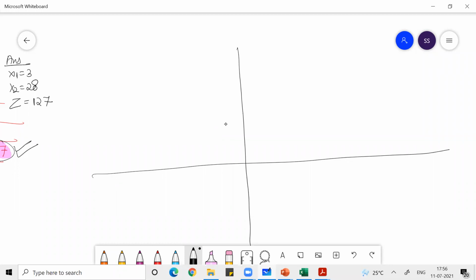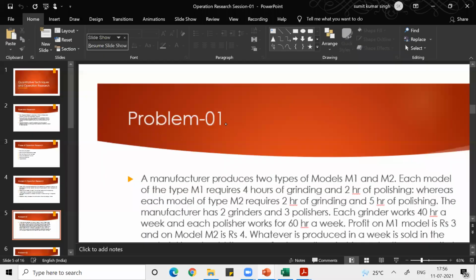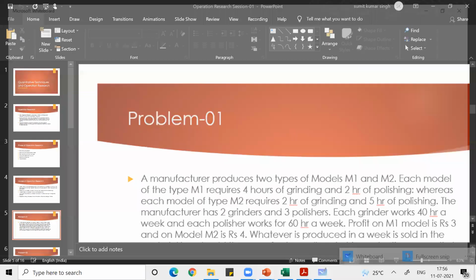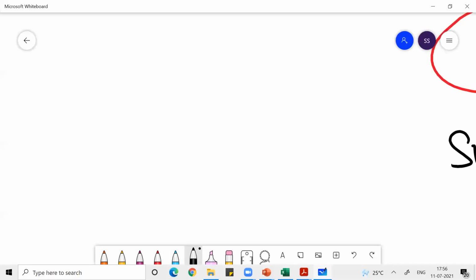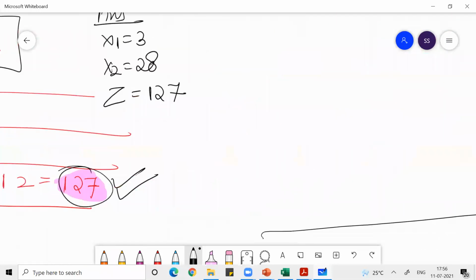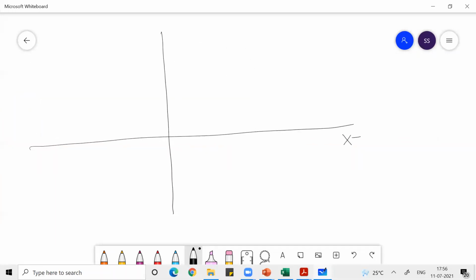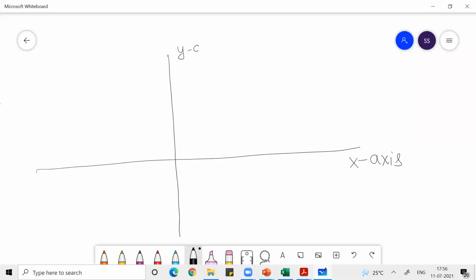Now, please understand, in mathematics in school we studied only two dimensions, where the horizontal axis we call the x-axis and this vertical axis the y-axis.